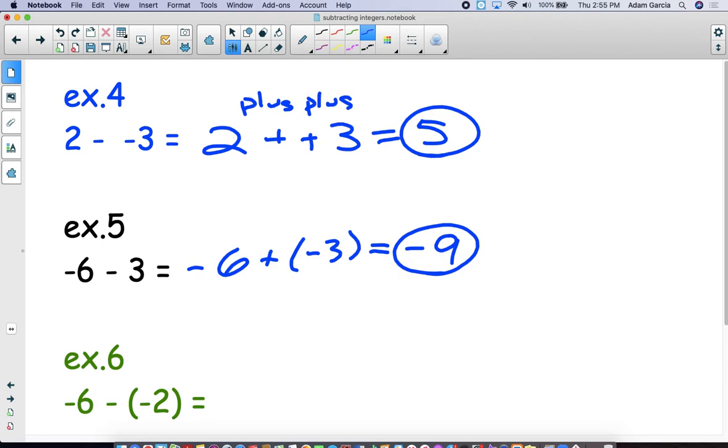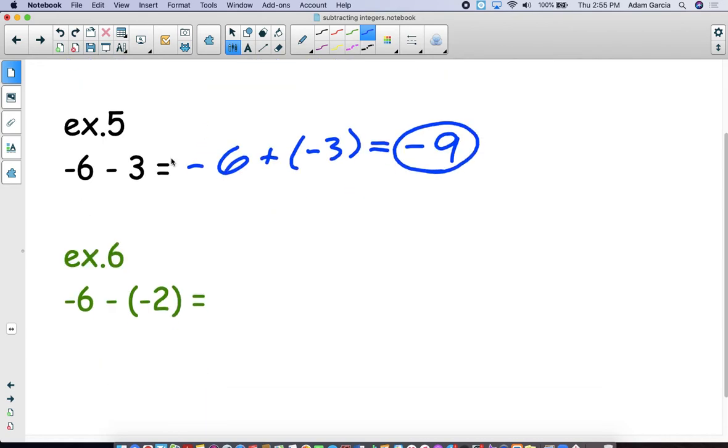All right, let's scroll down a little bit. Next one. I have negative 6 minus negative 2. Minus minus becomes plus plus right here. That one in the front stays negative.